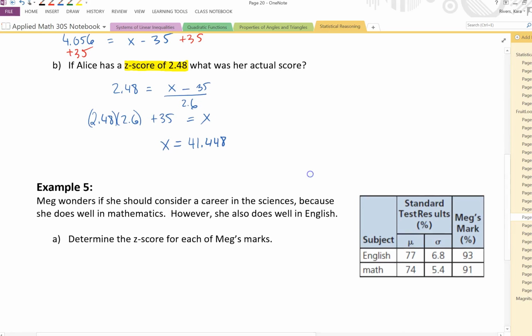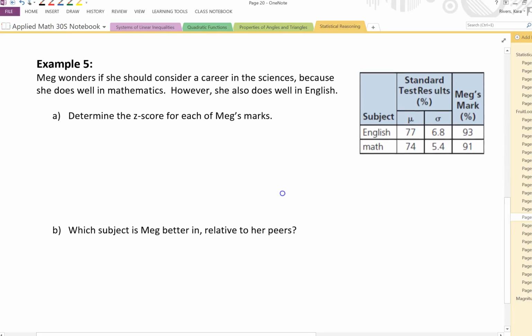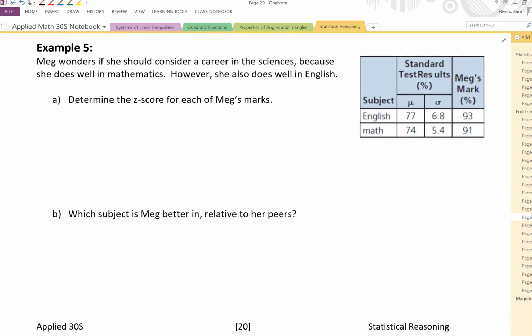All right, last example. We've got example 5. It says Meg wonders if she should consider a career in the sciences because she does well in mathematics. However, she also does well in English. Determine the z-score for each of Meg's marks. Which subject is Meg better in relative to her peers?